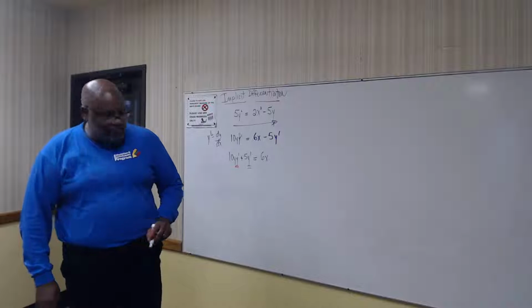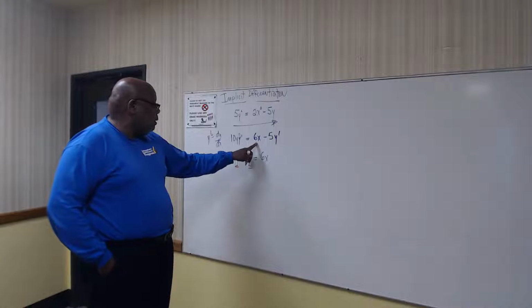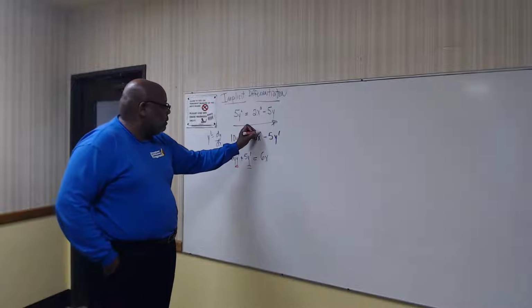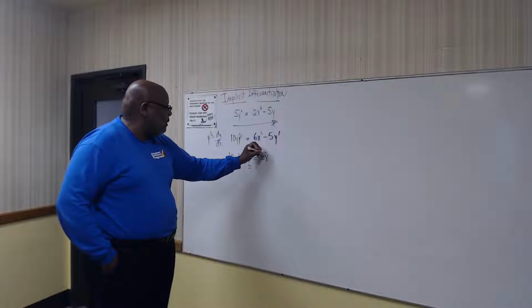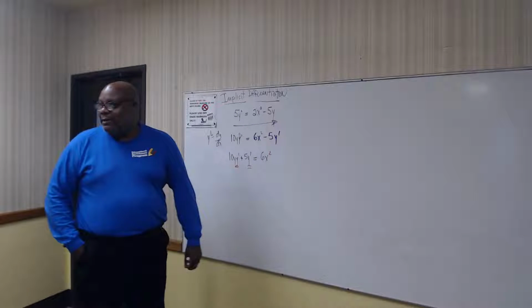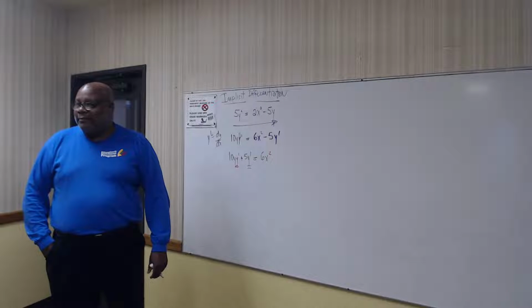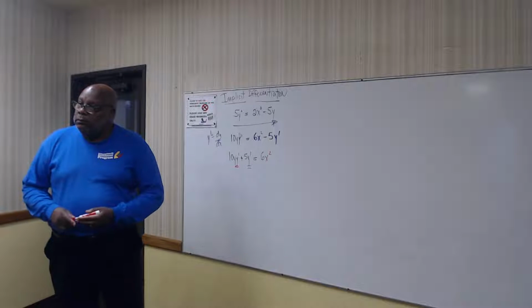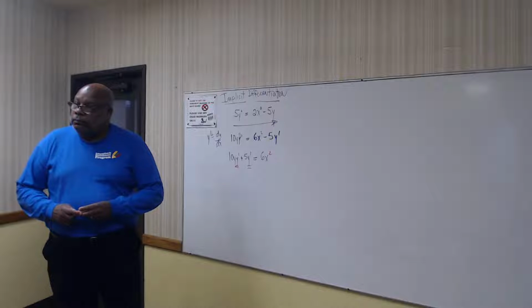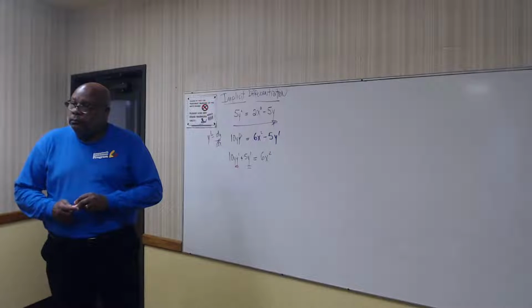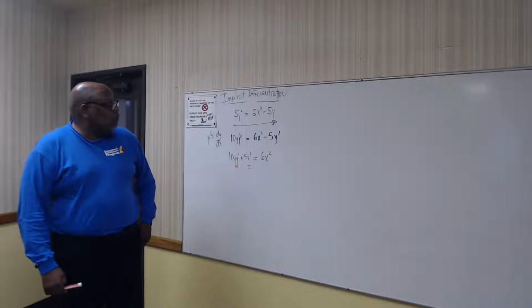Wait, why is it just 6x instead of 6x squared? Yes. You caught me there, right? Good job. So even when it's written as dy over dx, you still know that you can take the y from that? What if it's not written as y prime, if it's dy dx?